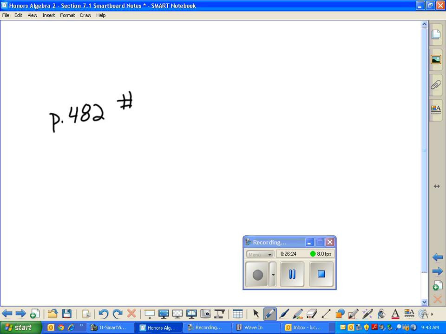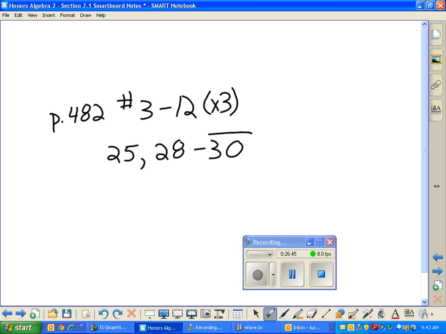You're doing 3 to 15 multiples of 3, I think. Oh no, I'm sorry, 3 to 12. And that's multiples of 3. And then there are some not review problems, word problems. For these problems here, 28 to 30, the formula you're going to need to do those is on page 481 in your book.